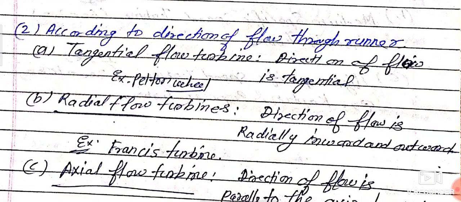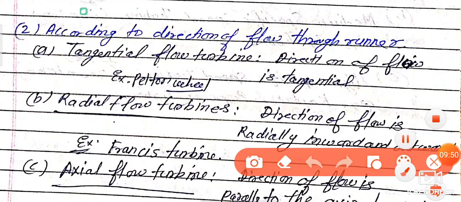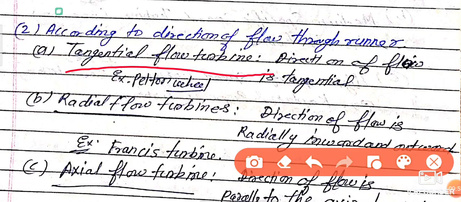There are three types of hydraulic turbine. In the tangential flow turbine, the direction of flow is tangential. Example, Pelton wheel.